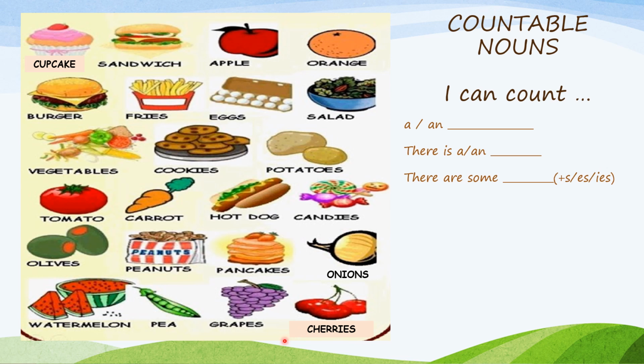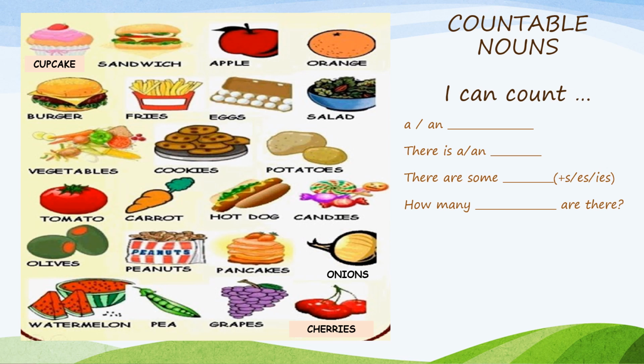So when you change the noun to the plural form, we need to add s, es or ies. So for example, there is an apple, there are some apples, okay? Now when you ask question, alright, if you can count, you use how many.